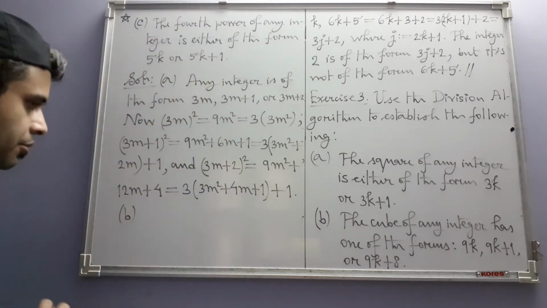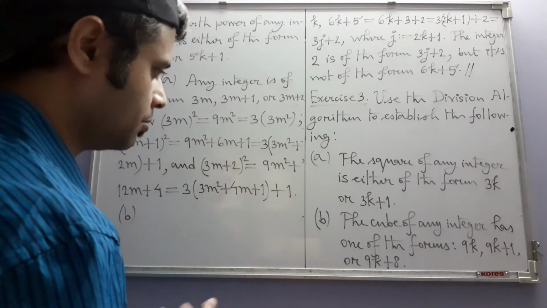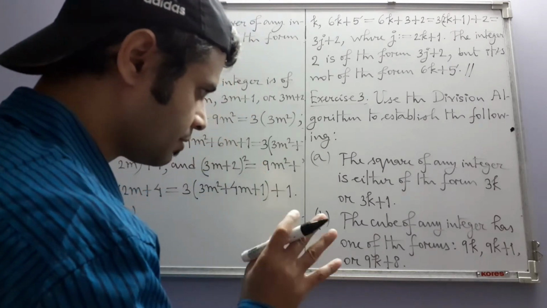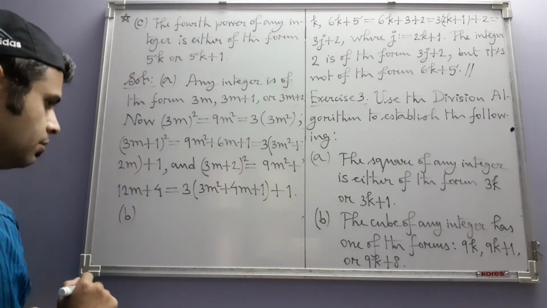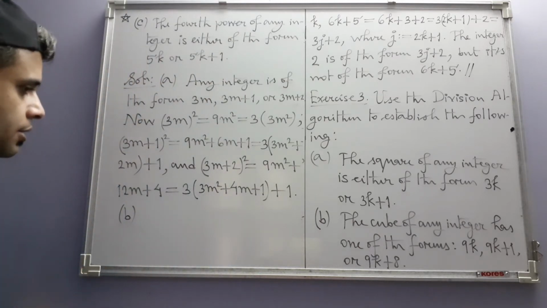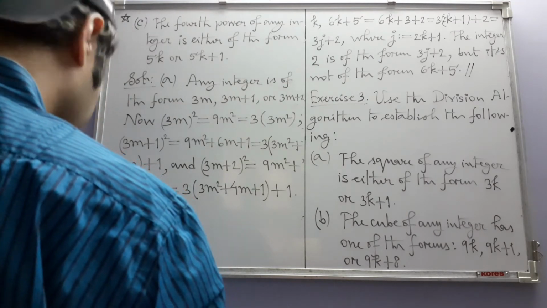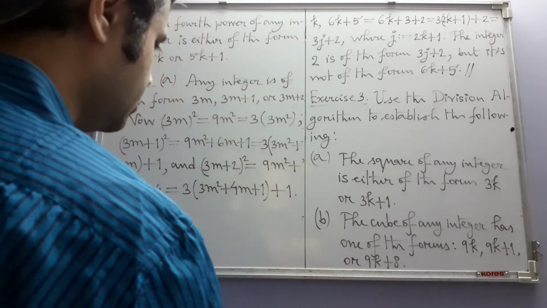Then part B, progressively the calculation is getting bigger and bigger. The cube of any integer is of the form 9k, okay. But we can reduce the amount of calculation, I think. Can we do something?